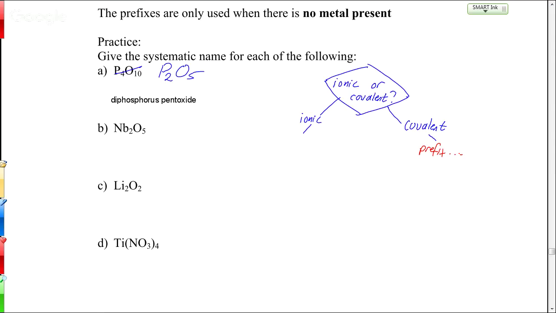If it's ionic, we have another decision to make. Do we know the charge on the metal? Is it a fixed charge where it's always the same? If it is, then we know that our name is going to be the metal and the nonmetal-ide.